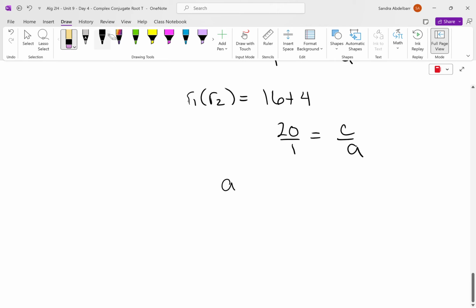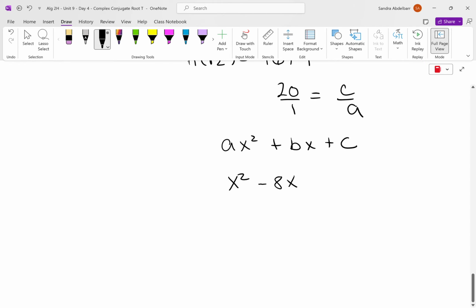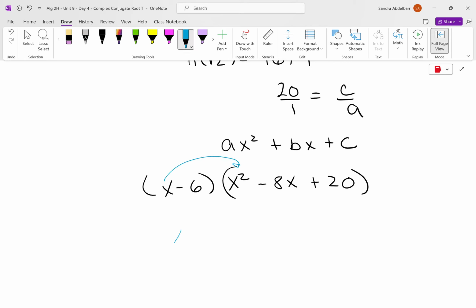So now we are going to have ax squared plus bx plus c. So we are at x squared minus 8x plus 20.